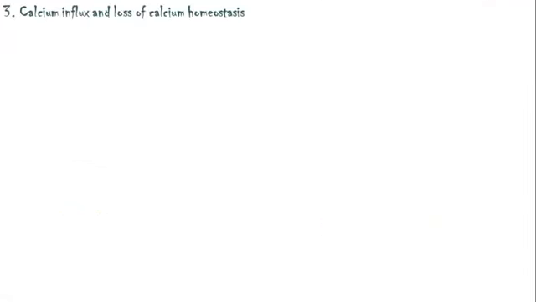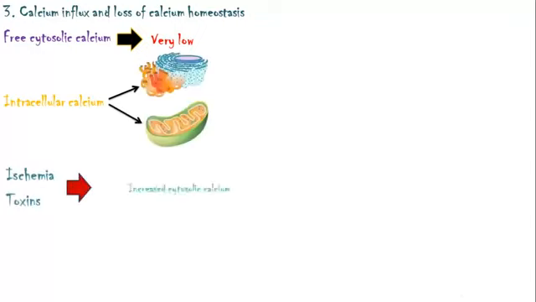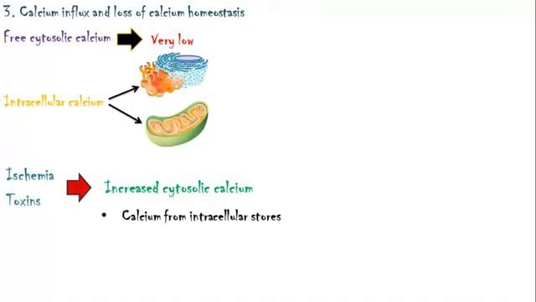The third mechanism of cell injury is calcium influx and loss of calcium homeostasis. Normally the free cytosolic calcium concentration is maintained at a very low level. Main intracellular calcium ion stores are the endoplasmic reticulum and mitochondria. Due to ischemia and certain toxins, cytosolic calcium level can be increased, initially due to the release of calcium from intracellular stores, followed by calcium influx through the cell membrane.